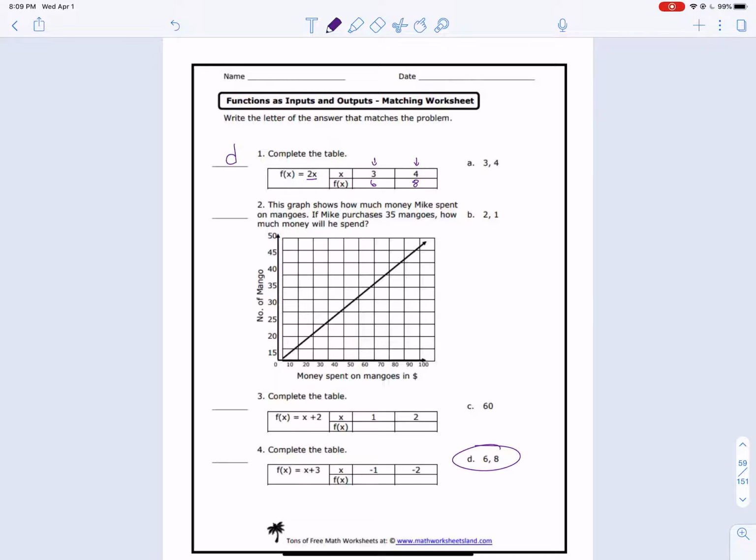Okay, number 2. The graph shows how much money Mike spent on mangoes. If Mike purchased 35 mangoes, how much money did he spend? Well, there's a lot of problems with this. First of all, if we have money, what did I say?